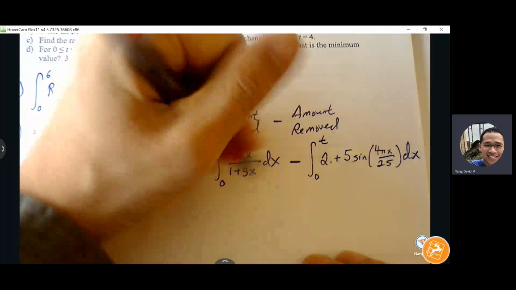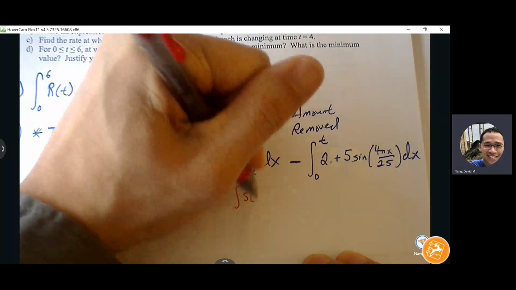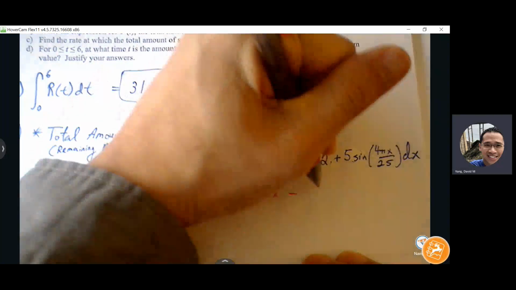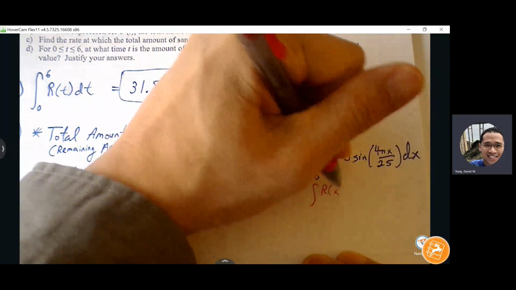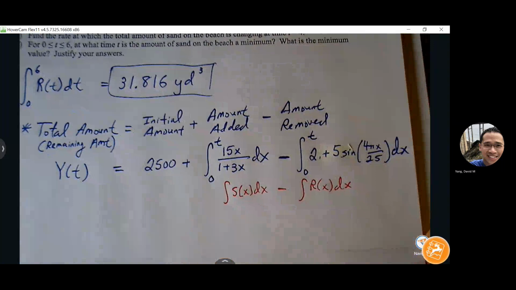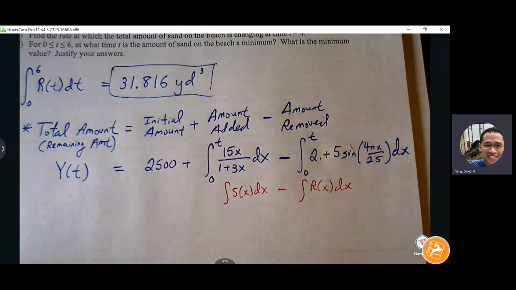Okay, basically, I'm doing the integral of s of x minus the integral of r of x, if I just put the exact formula here.